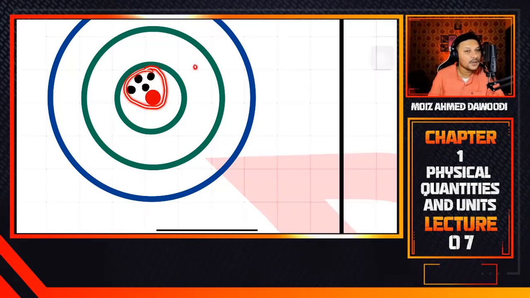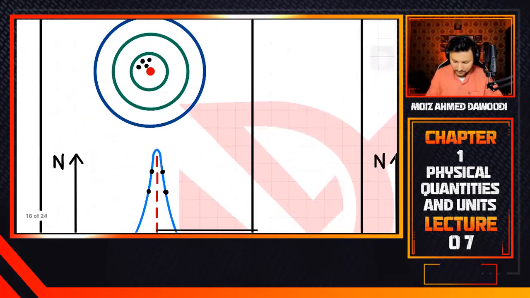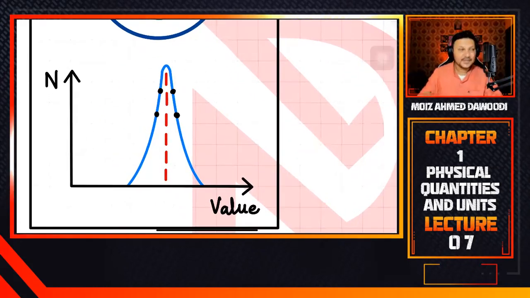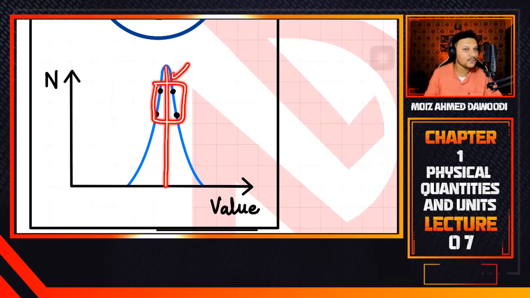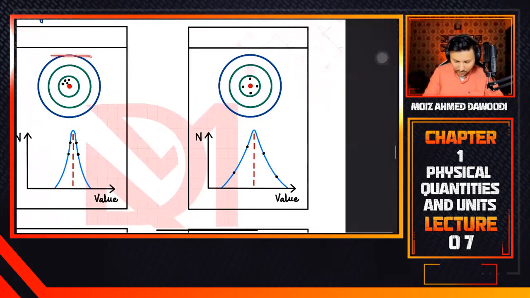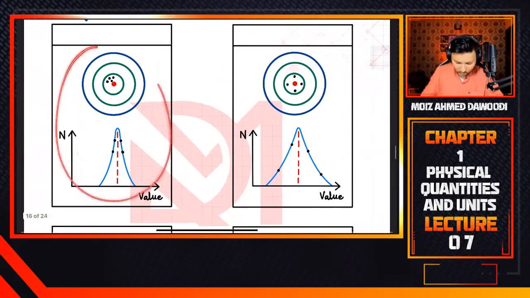So they are both accurate and precise. This is the accurate answer, and see, all the answers are close to each other as well as close to the accurate answer. So you can say this set of data is both accurate and precise.